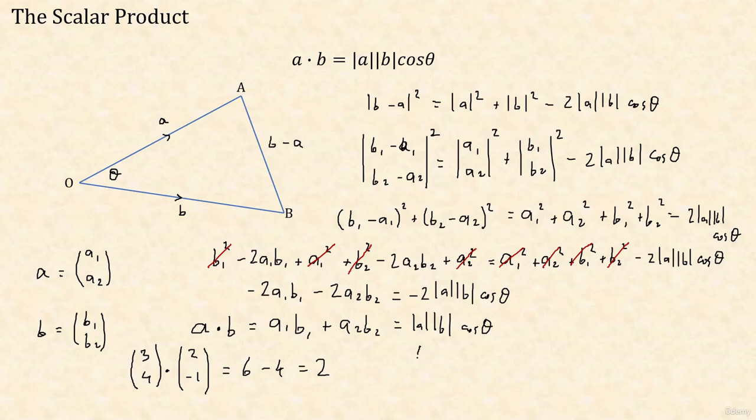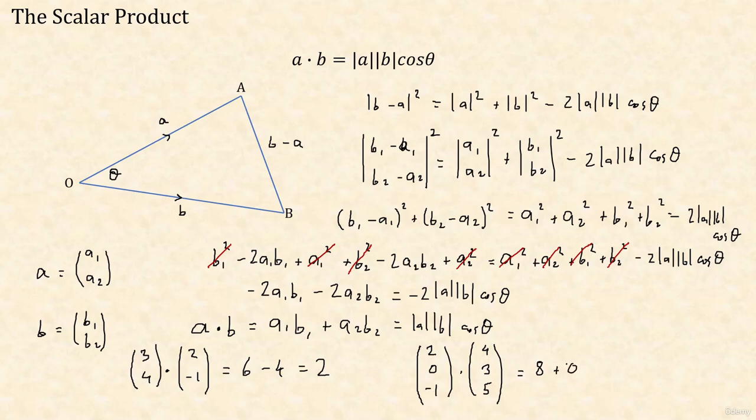Let me just show you what this is for 3D vectors. If I had 2, 0, minus 1, and I dotted that with 4, 3, 5. 2 times 4 is 8. 0 times 3 is 0.